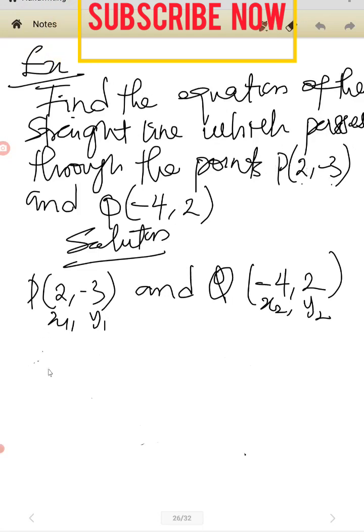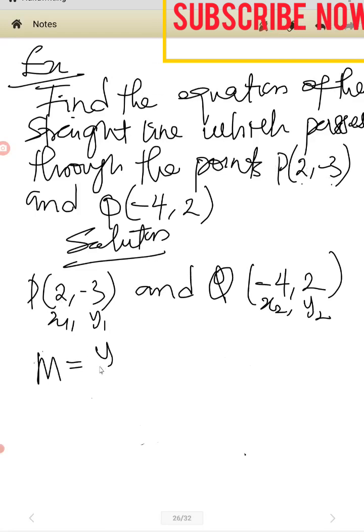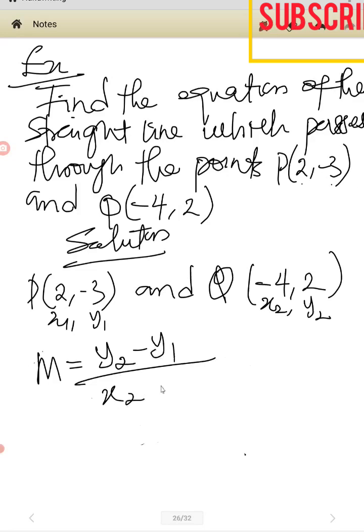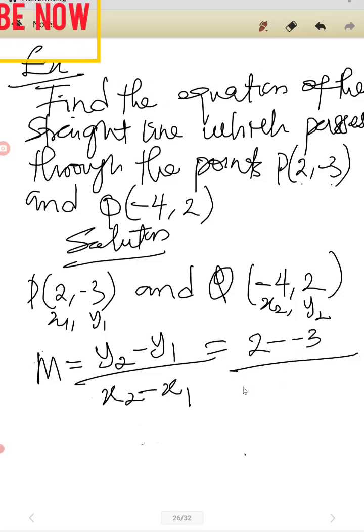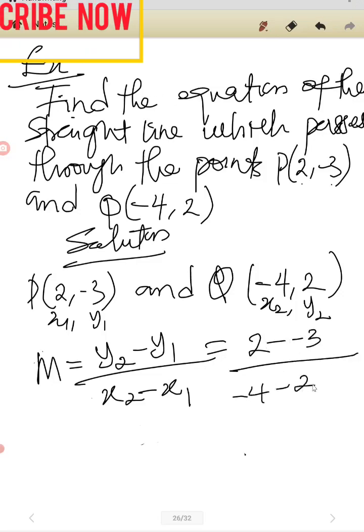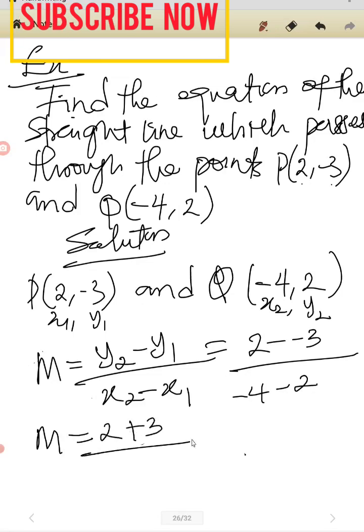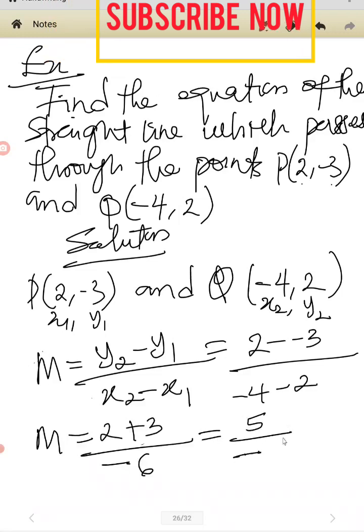The first thing you do is find the gradient. We all know the formula for gradient is (y2 minus y1) over (x2 minus x1). We have the value of y2 minus y1 to be 2 minus minus 3, all over minus 4 minus 2. So our gradient here will give you (2 plus 3) over minus 6, which will be 5 over minus 6.